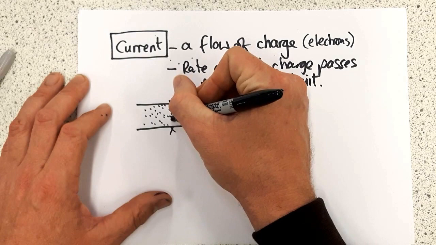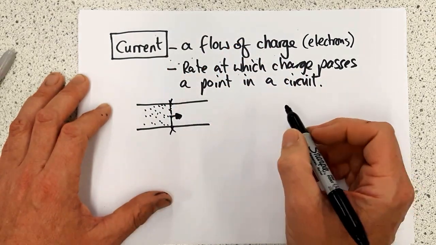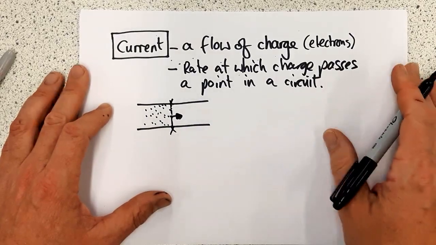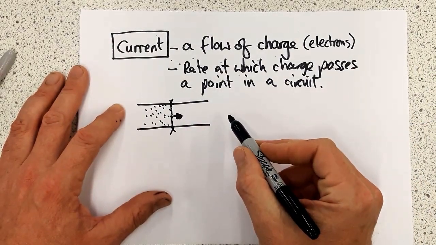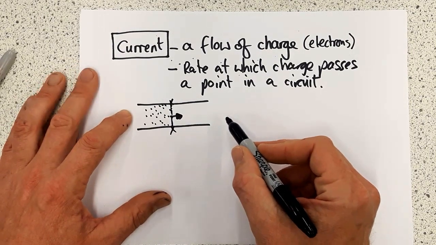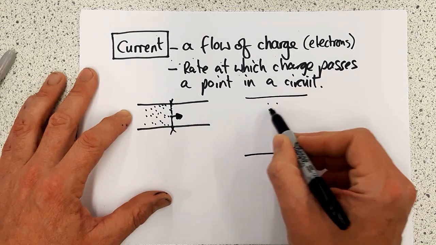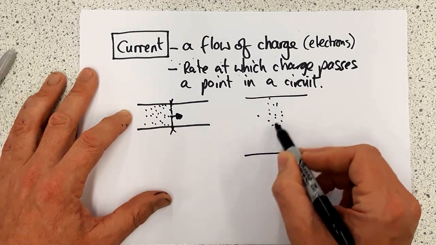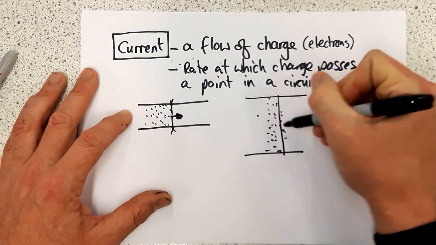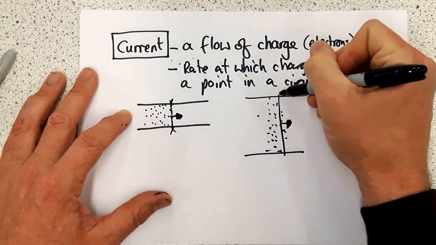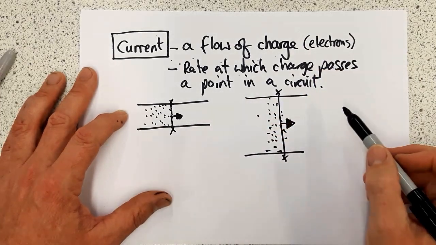So if we visualize a line across here, how many electrons will pass through that line every second gives us an idea of the current. So if you want to have more current, you can have these moving faster, or if you had a much bigger conductor, I won't draw all of them, but you can clearly see that in a wider conductor, for example, the number of electrons passing that point is going to be bigger than in this one.